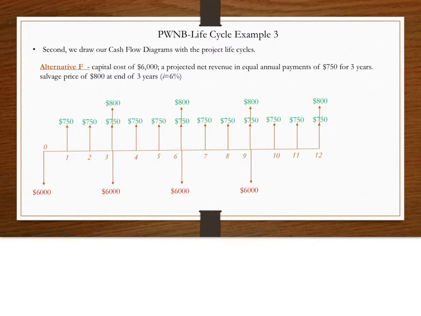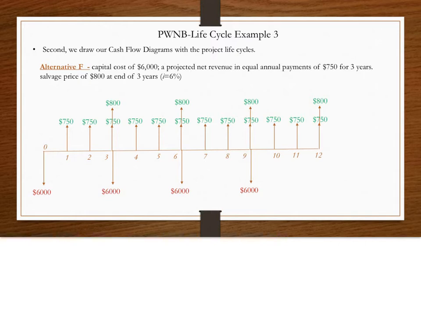We repeat the $6,000 capital cost at years 3, 6, and 9. We also repeat the salvage price at years 6, 9, and 12. We have 12 annual revenues of $750.